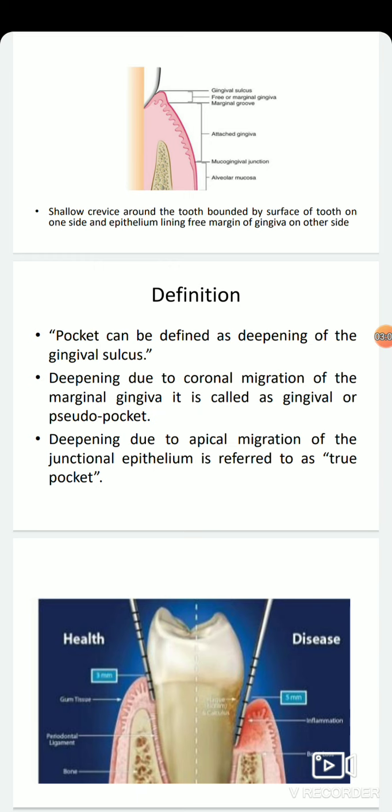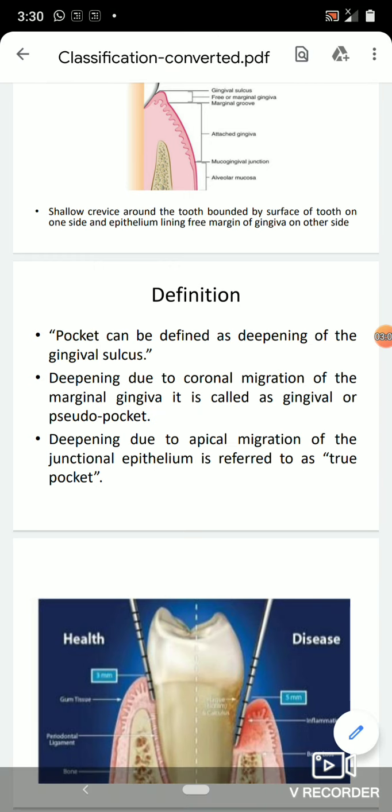So what is the difference? When deepening of gingival sulcus occurs due to coronal migration of marginal gingiva, it is called a gingival pocket, or a pseudo pocket, or a false pocket.